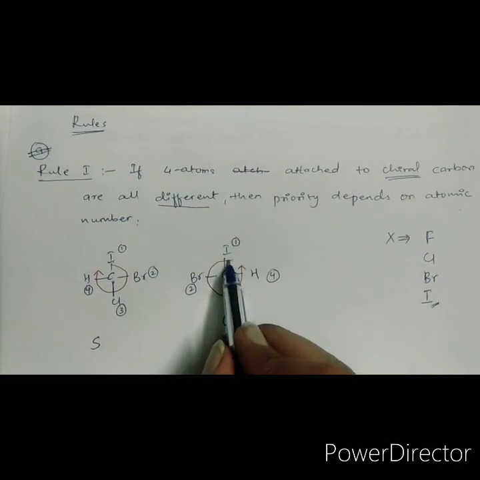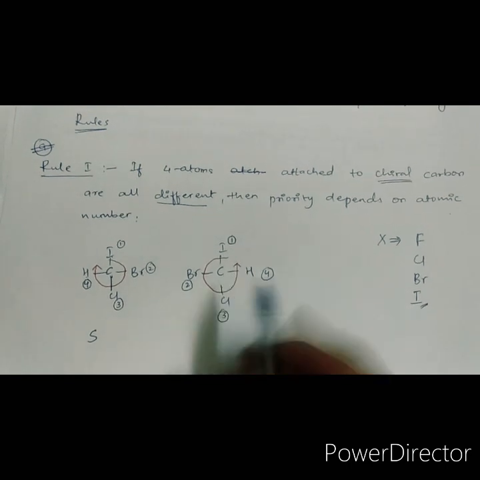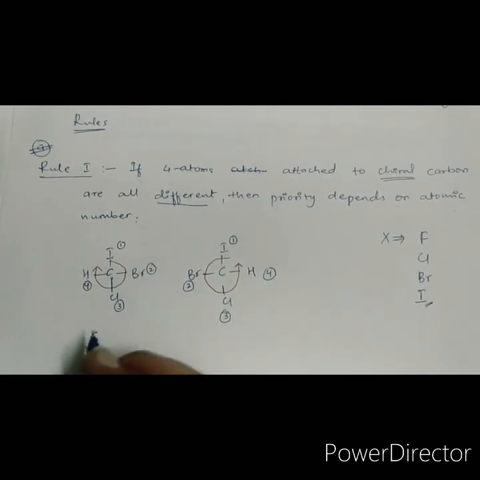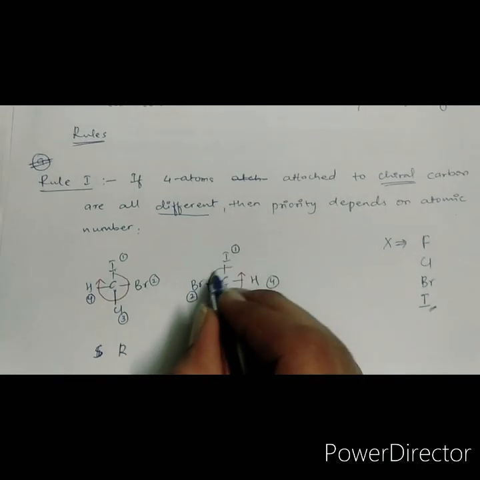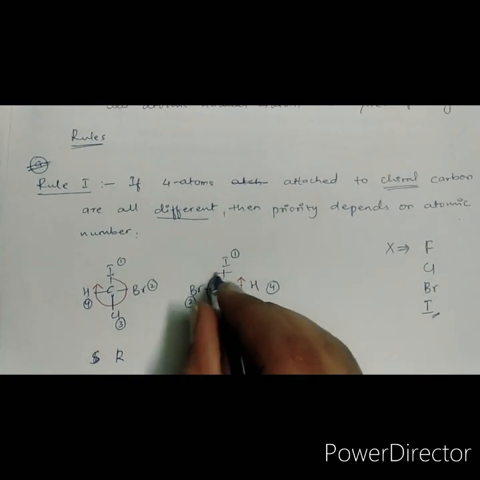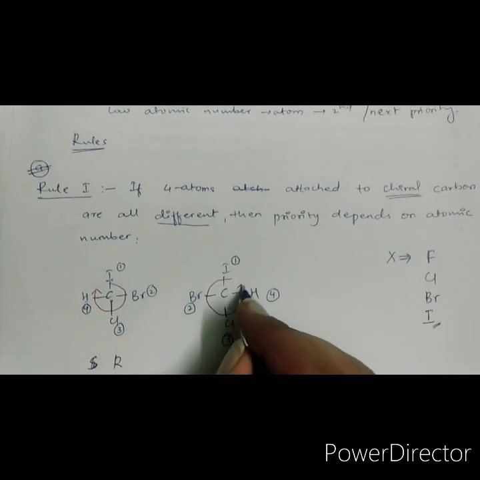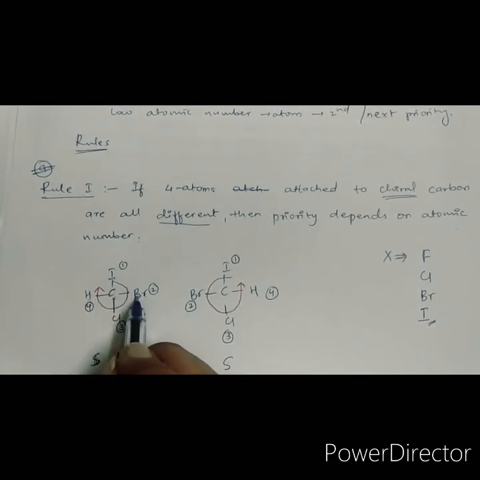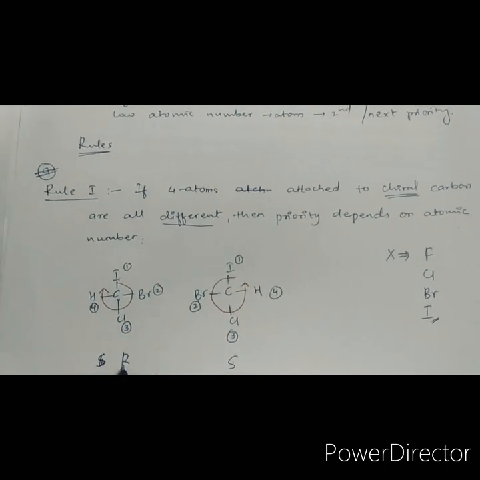While if they run on the right hand side, this is the R isomer. So if we rotate the priority list from left to right, this is the S isomer, and if we rotate the list from right to left, this is the R isomer.